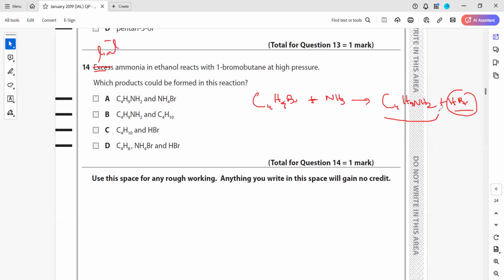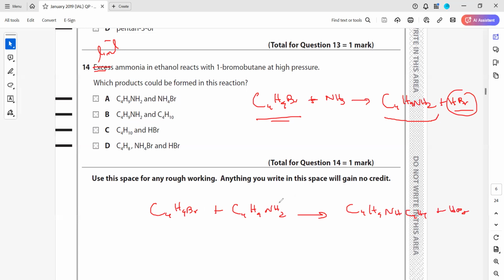C4H9NH2 will react with another halogenoalkane, C4H9Br, which is the main reactant, and multiple hydrogens will be replaced. As a result, it will produce (C4H9)2NH plus HBr.